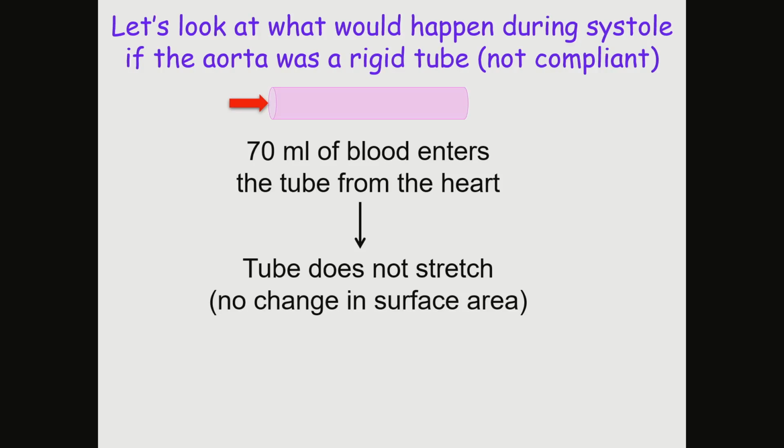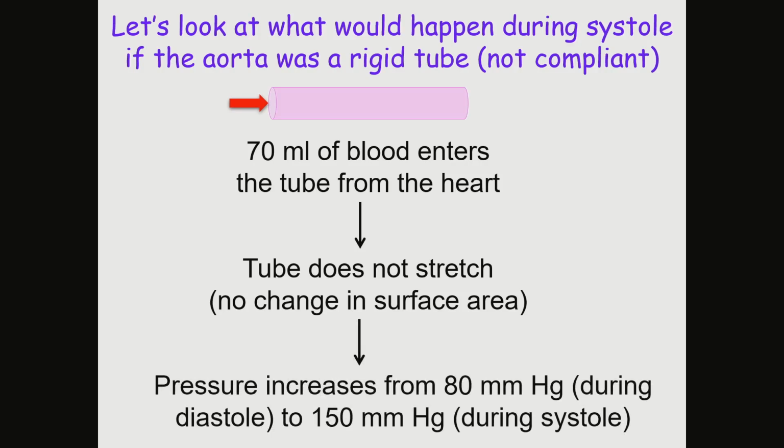Okay, so we got to get back on track here. This is non-compliant, so the tube does not stretch. There's no change in surface area, but pressure increases. Say diastolic pressure, kind of a standard, is 80 millimeters of mercury.